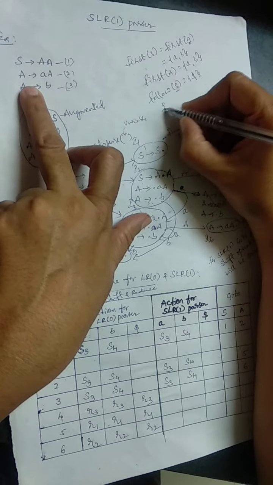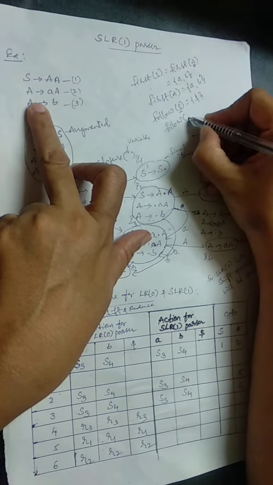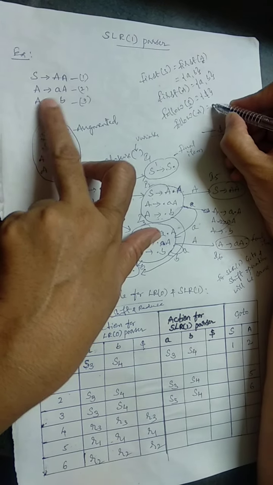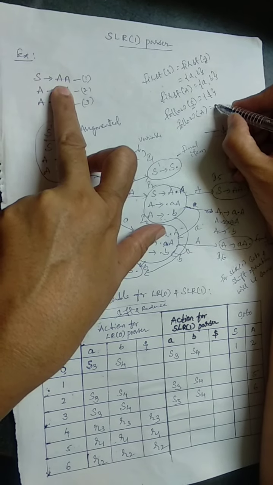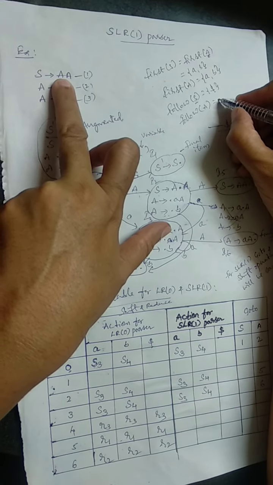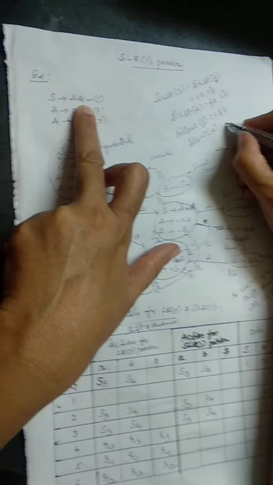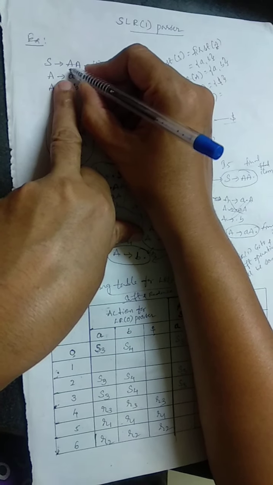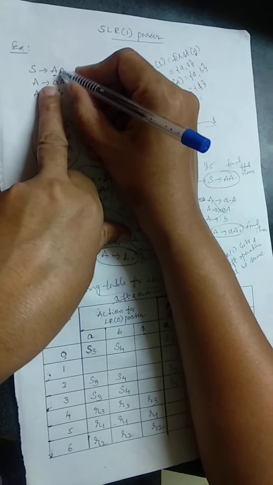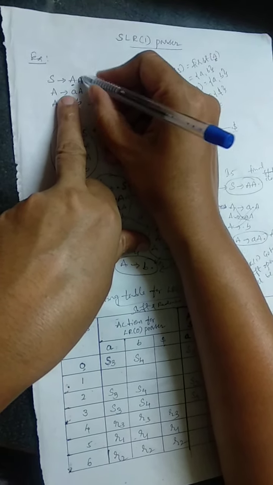So follow of S includes only the dollar symbol. And then the next variable is follow of A. What is follow of A? Here A is present in the right side body of the production. After this variable, what symbol is present?